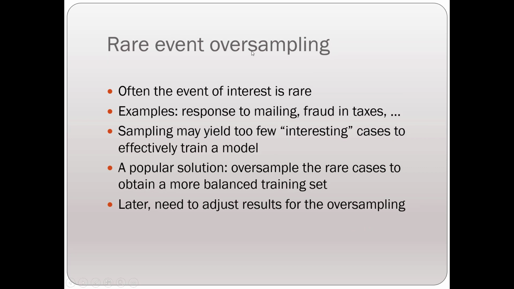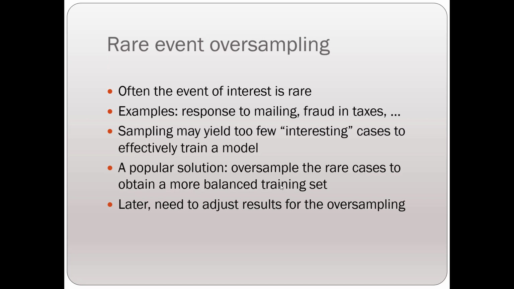Now, rare event oversampling is when you have a target variable that has very few events. Event here represents the event of interest. So for example, if you are, say, a Medicare payment system, then you have lots of claims that come in, and some of the claims are fraudulent.